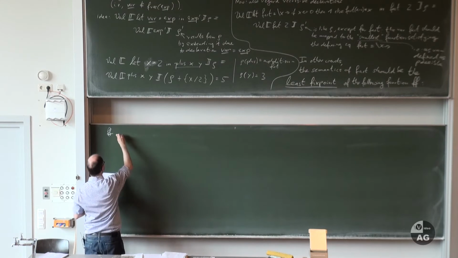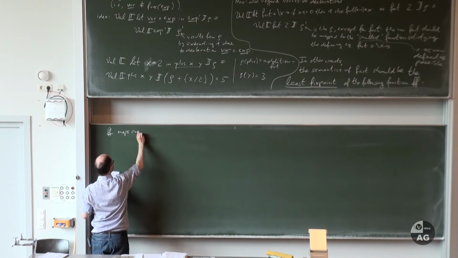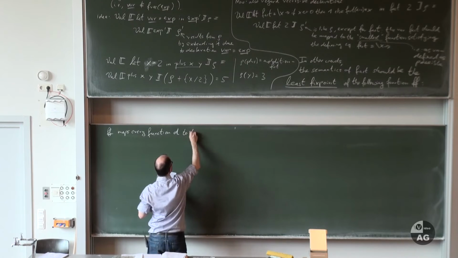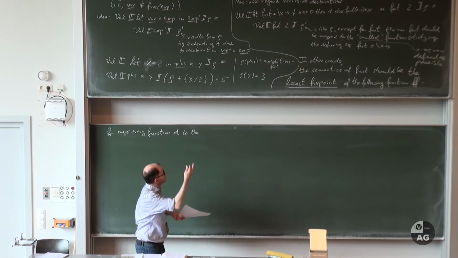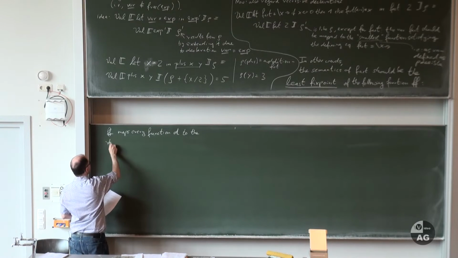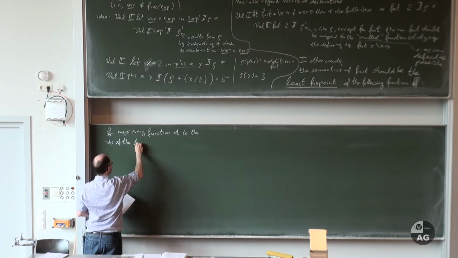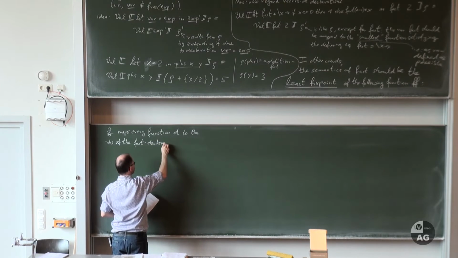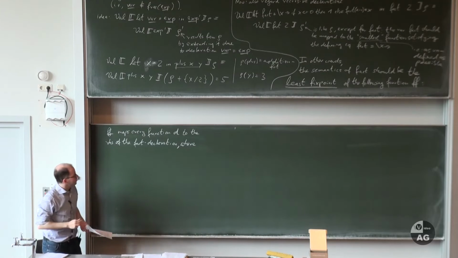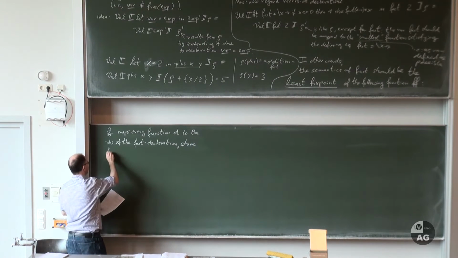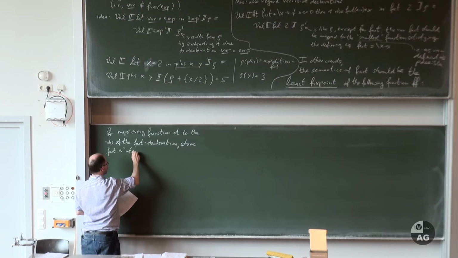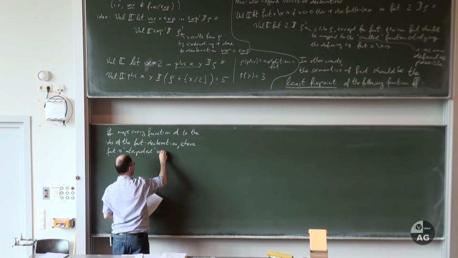So ff maps every function d to the semantics of the right-hand side of the fact declaration, where in this right-hand side the occurrence of fact is interpreted as the function d.